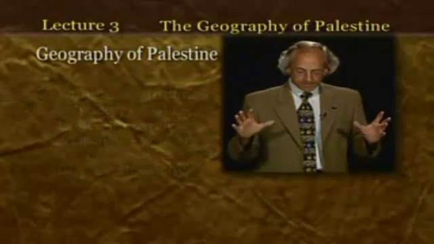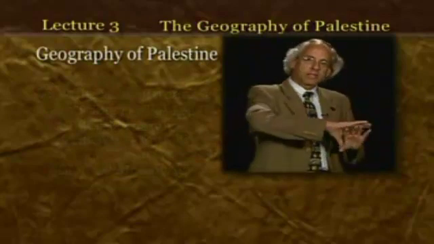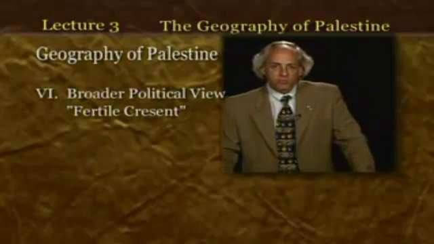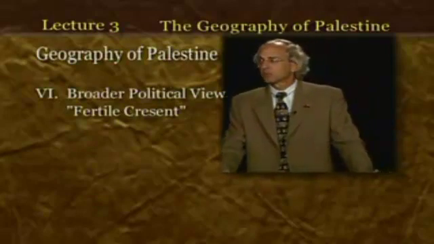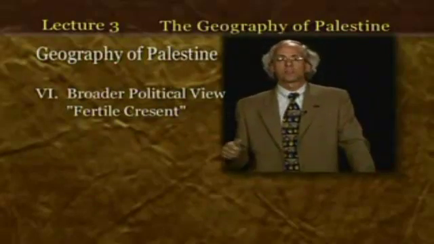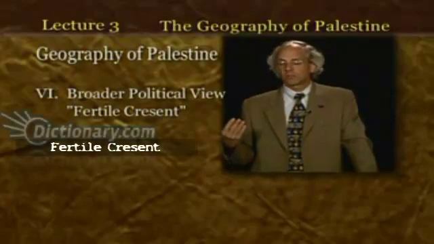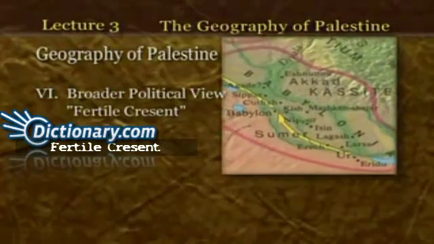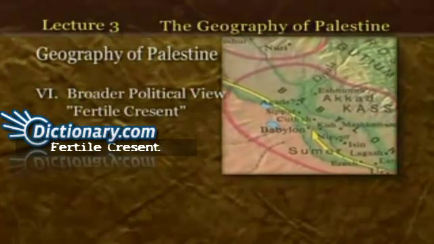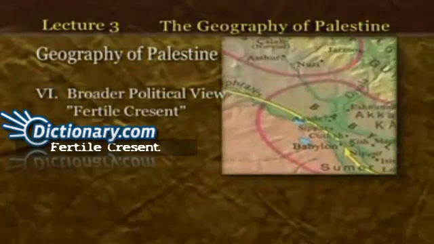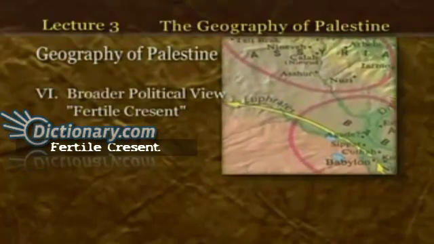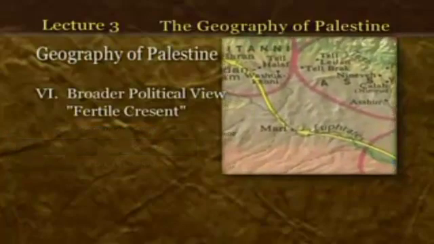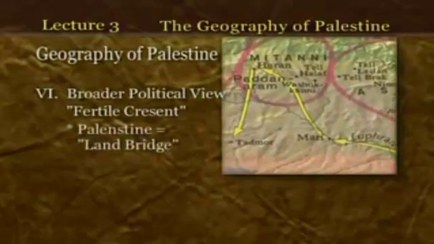And then it's worthwhile looking at the broader world picture. It's worth noting that there is an important term to get down in your notes, the Fertile Crescent. The Fertile Crescent starts over in Mesopotamia in the east and swings up along the Tigris and Euphrates rivers, and then moves down along the coast through Palestine.